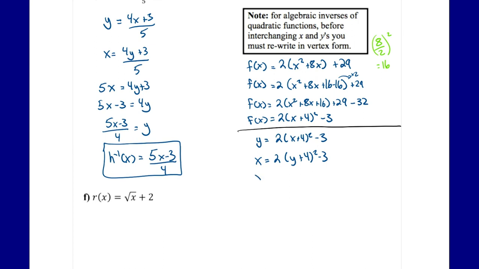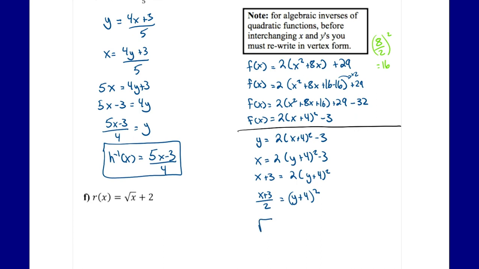I'm going to move the 3 over, so x plus 3 equals 2(y plus 4) squared. Get rid of the 2, so I need to divide everything by 2. So (x plus 3) divided by 2 equals (y plus 4) squared. I need to square root that to get rid of the squared.